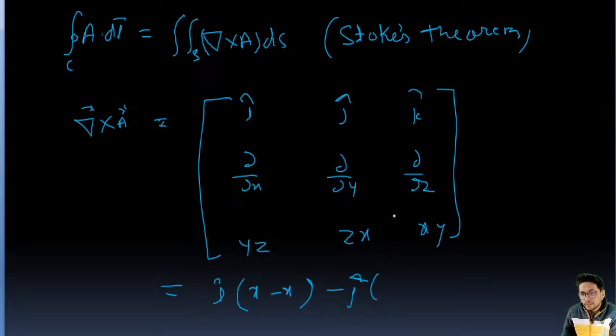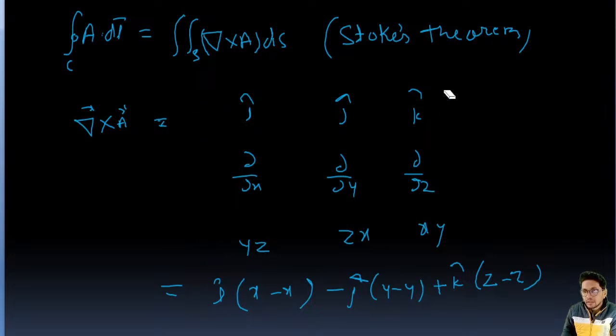So this is y minus y, and this is plus k cap. We'll solve this one. This is going to be z minus z. Okay, this is straight line actually. So this is going to be 0.